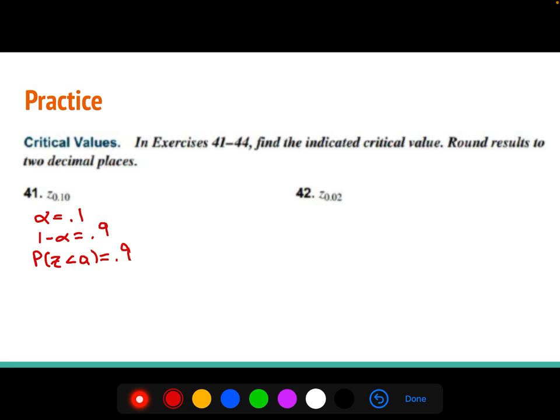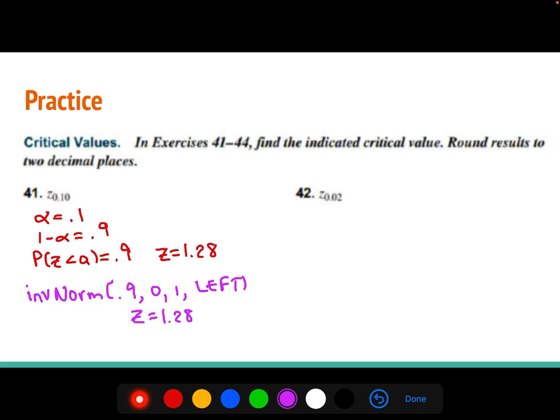So our probability of z less than z alpha equaling 0.9 in our chart will tell us z is 1.28. Or if we wanted to use the calculator, we could have done the inverse norm of 0.9 and the word left. And it still would have told us that z is 1.28.